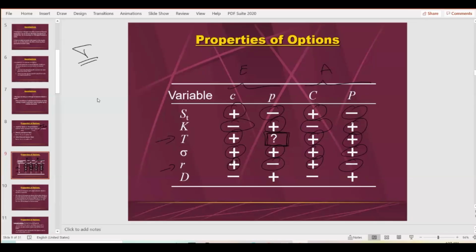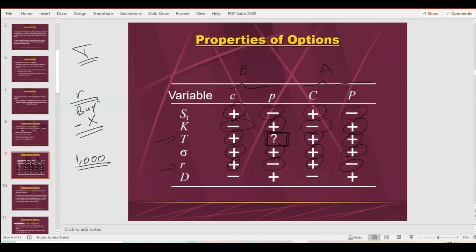If you want to think about the relationship between the risk-free rate and the call premium, remember that with the call you are paying X. Let's say that you have $1,000 set aside in order to buy the shares once you decide to exercise the option.